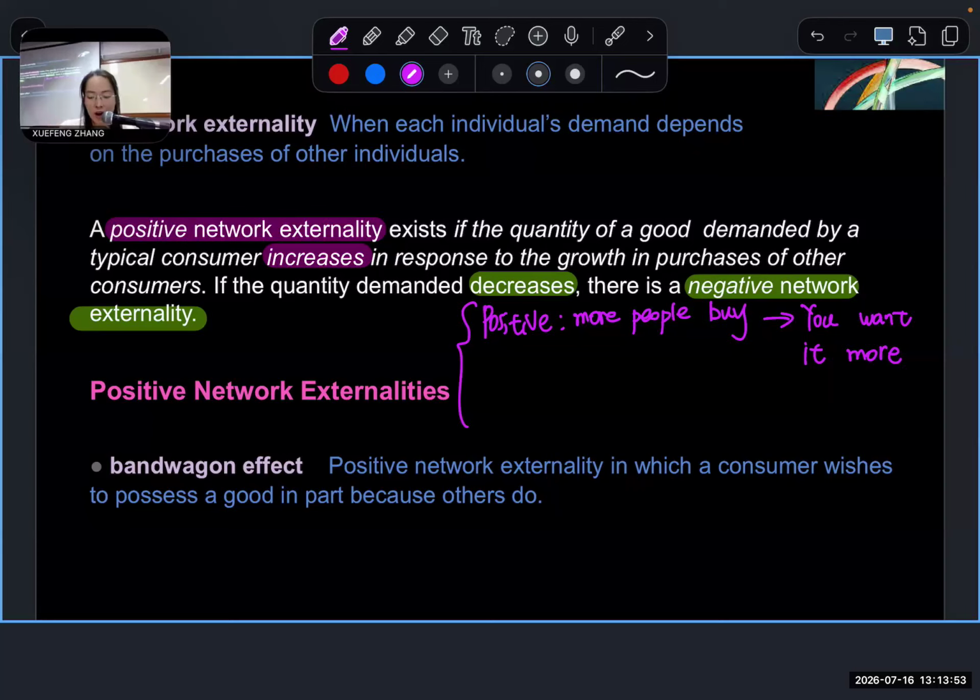The opposite one, negative, which means more people buy it, you want it less.